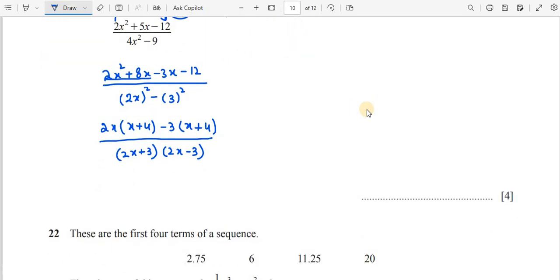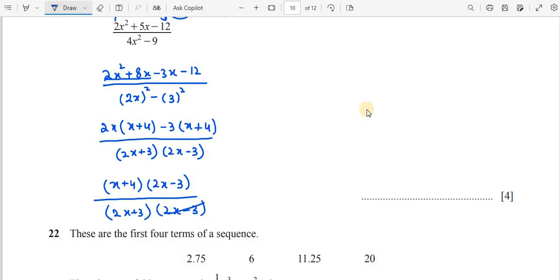Take x plus 4 common from the above. x plus 4 into 2x minus 3 over 2x plus 3 into 2x minus 3.